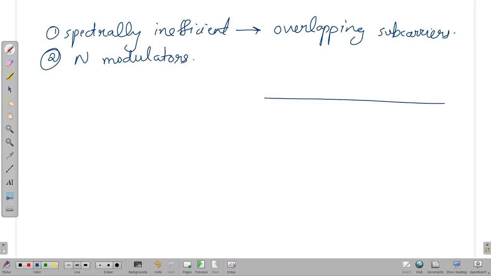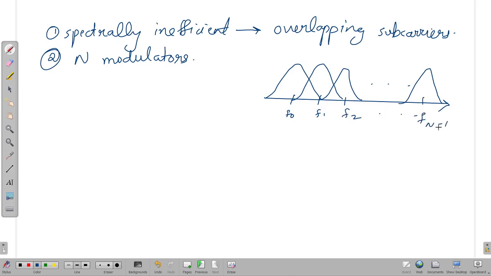If you want to generate a multicarrier signal, then even if you have overlapping subcarriers centered at different frequencies f0, f1, f2, etc., up to fN minus 1, still you need modulators, you need frequency generators that will translate these subcarriers to these center frequencies f0, f1, f2 up to fN minus 1.